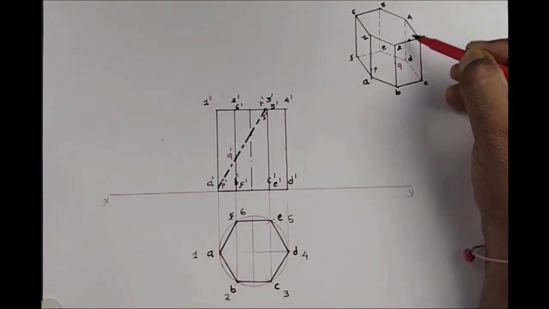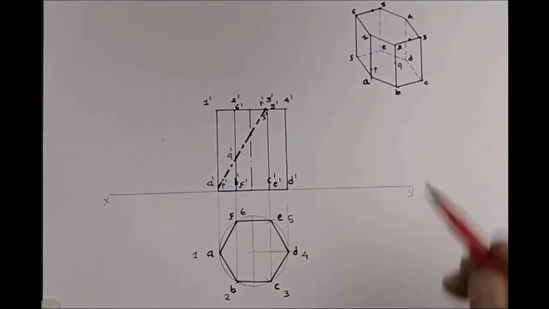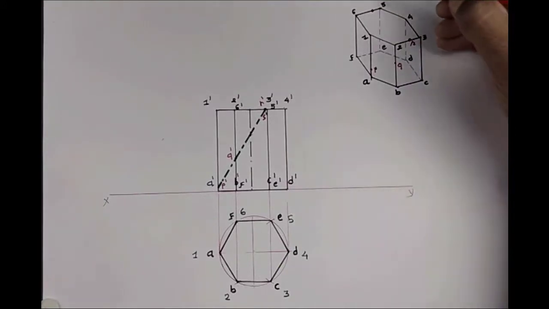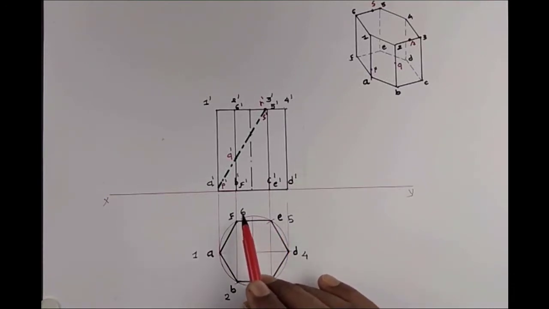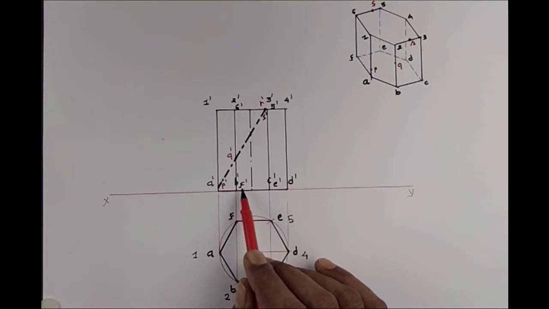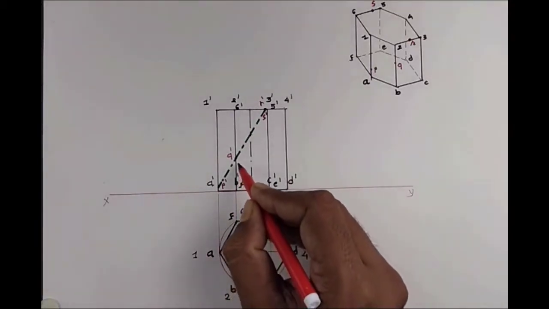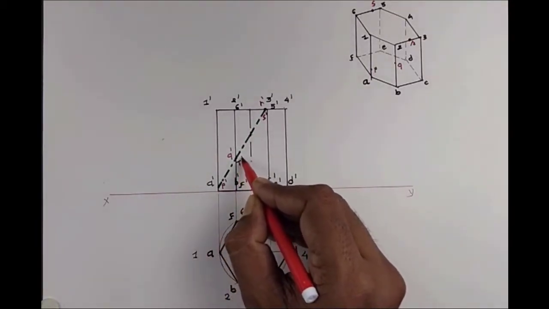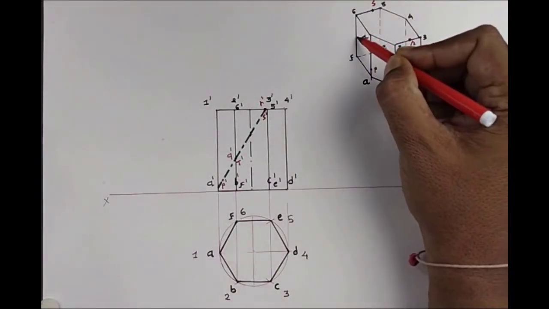So it is our R and this is our S. Nearer to the VP plane, our vertical face edge F dash 6 dash is going to mark the T dash, the T point.